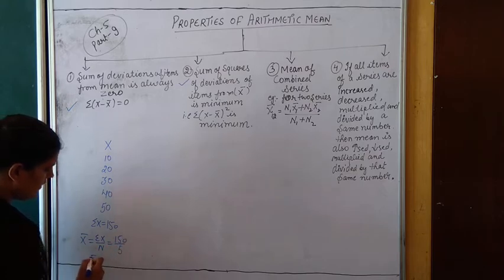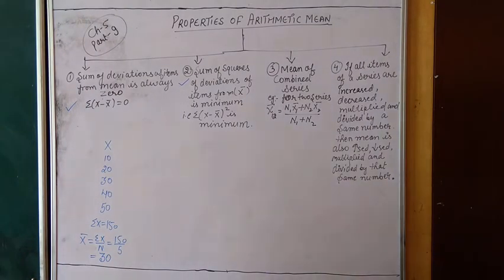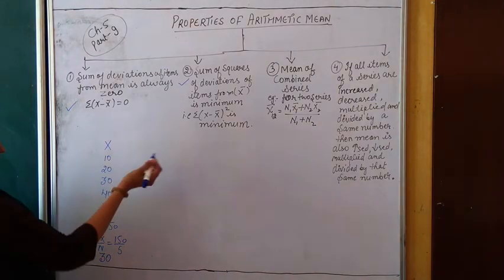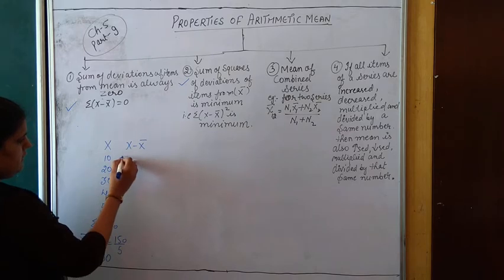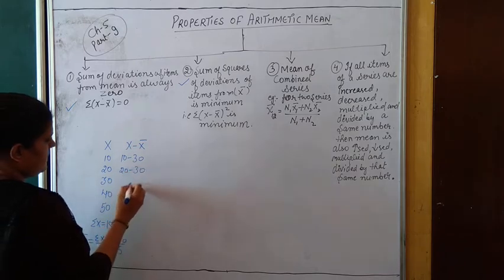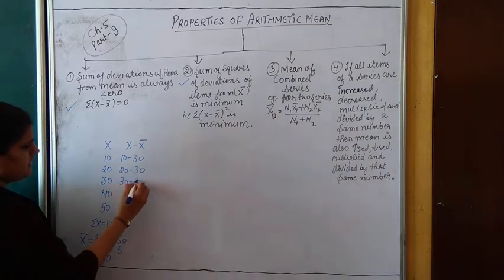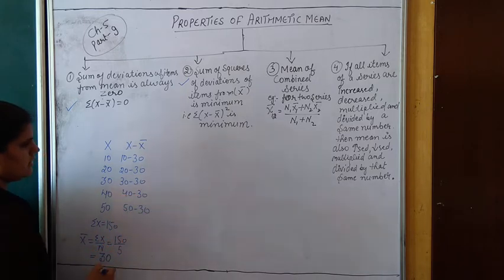So finally what value will you get? 30. Clear? Now as I am taking the deviations from x bar, I will get 10 minus 30, 20 minus 30, 30 minus 30, 40 minus 30, and 50 minus 30.